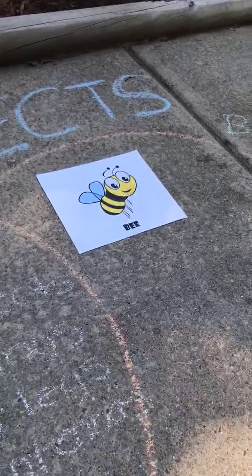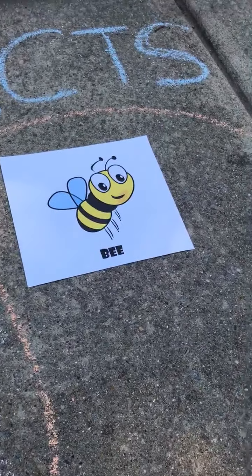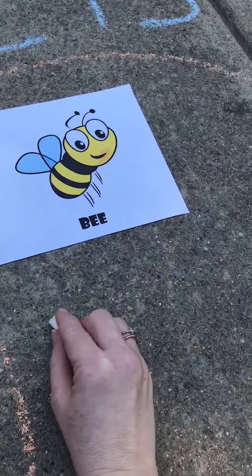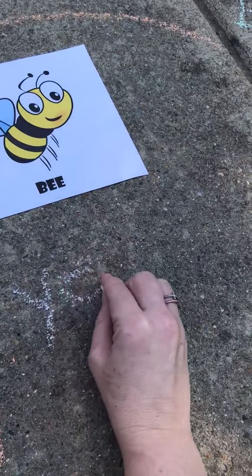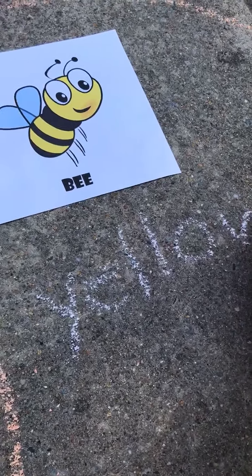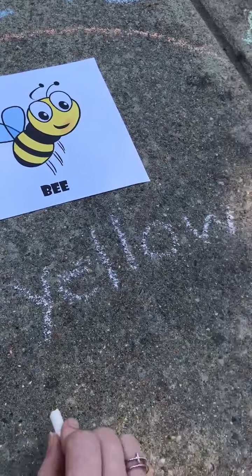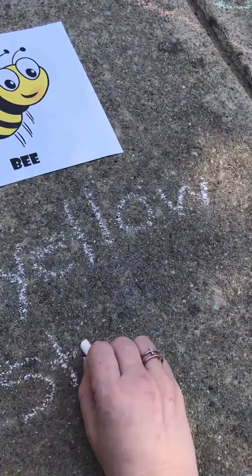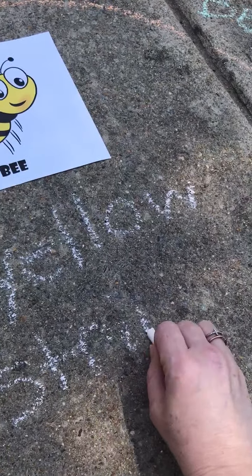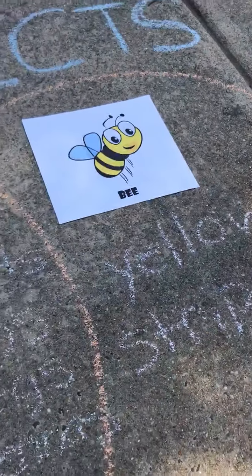Now let's talk about some things that are specific to a bee. A bee's color is yellow, so I'm going to write yellow here. Also, you'll notice it does not have spots. Instead, it has stripes, so I'm going to write stripes here. So a bee is yellow and has stripes.